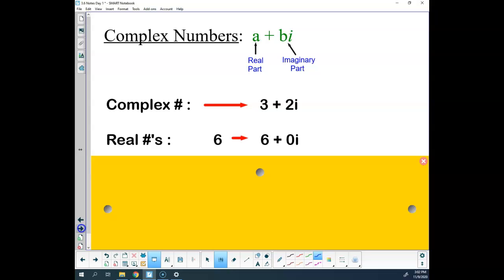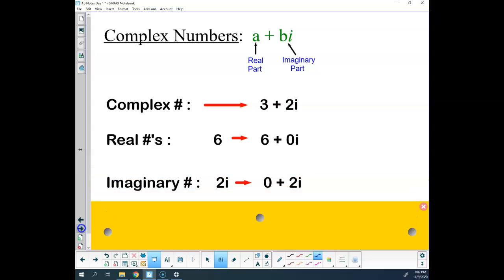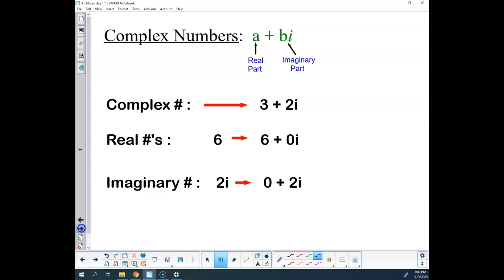Okay? An imaginary number would just be 2i. The real part would be 0. But if we combine those two together, then we get what's called a complex number. A complex number has both a real part and an imaginary part. We can write any number, real or imaginary, in complex form by filling the other part in with 0.